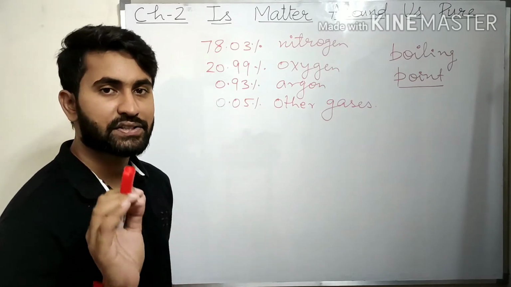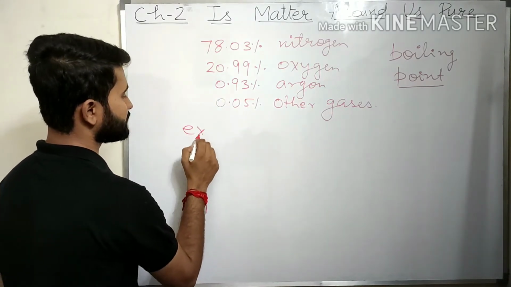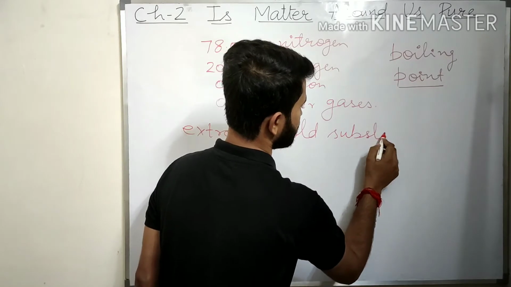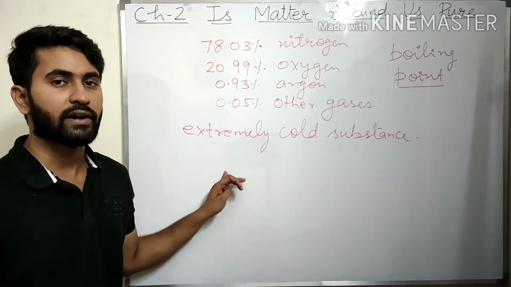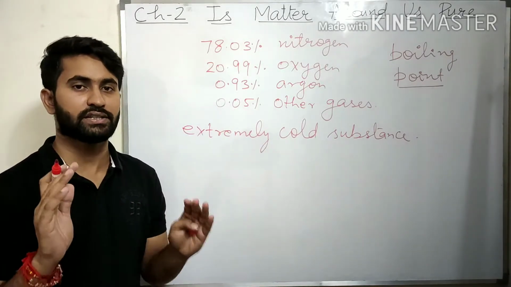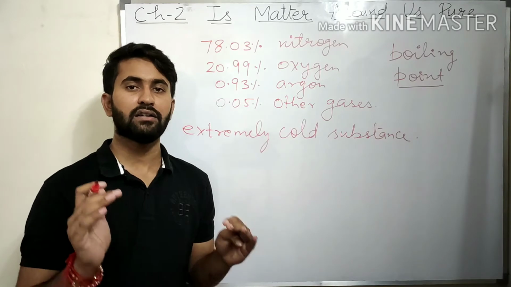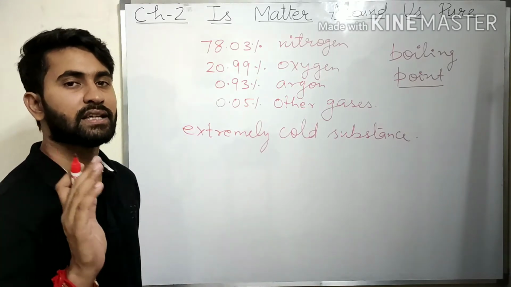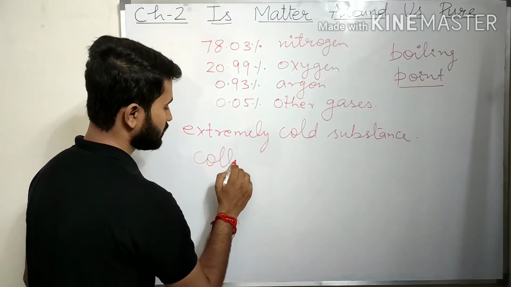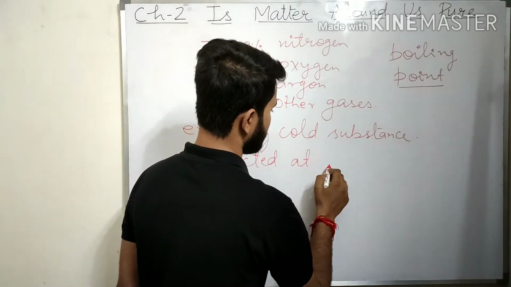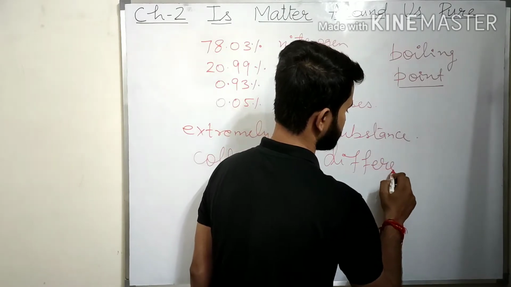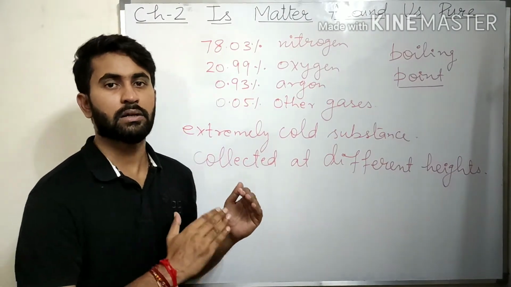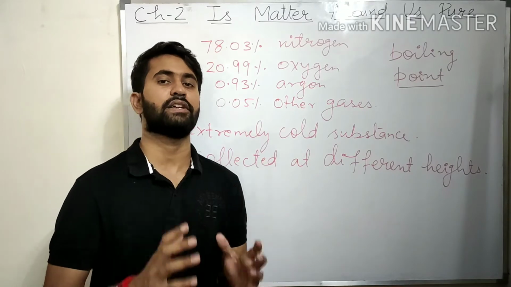Liquid air is an extremely cold substance, and when the liquefied air is warmed during fractional distillation, the gases boil at different temperatures and are collected at different heights in the fractionating column.